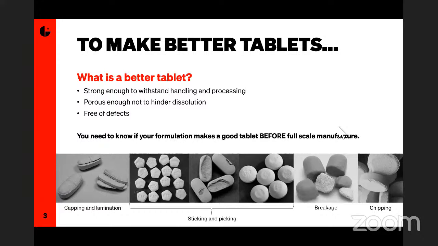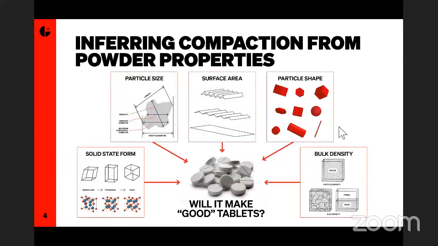And ideally, we would like to know if we're going to avoid all of these problems before we enter full-scale manufacture. And this is where compaction analysis comes in. If you're not carrying out compaction analysis, then it's likely that you're trying to infer compaction from other powder properties.